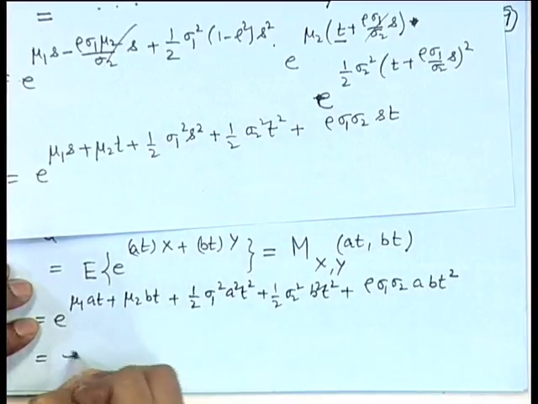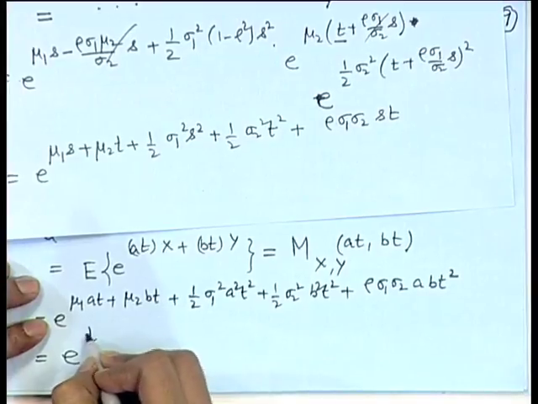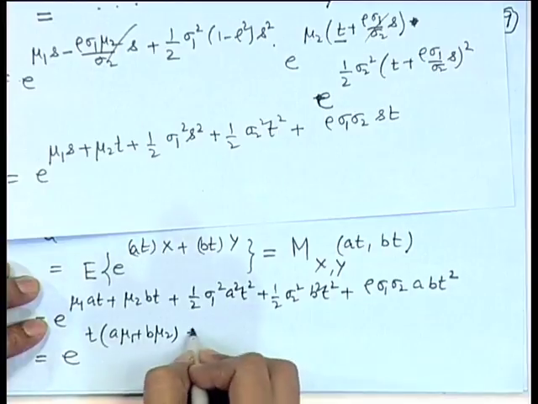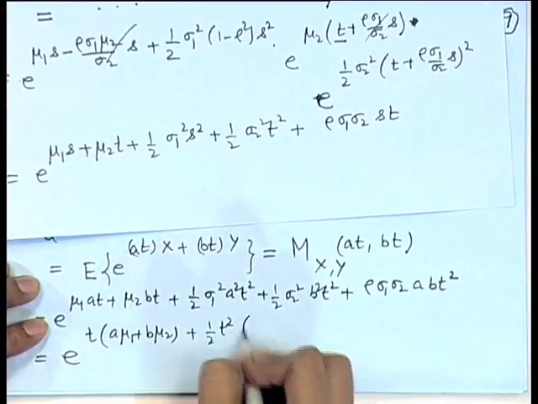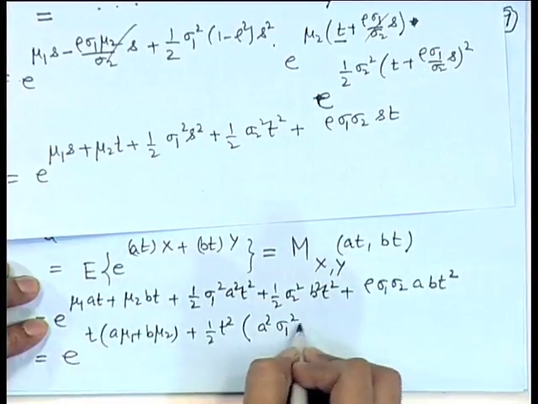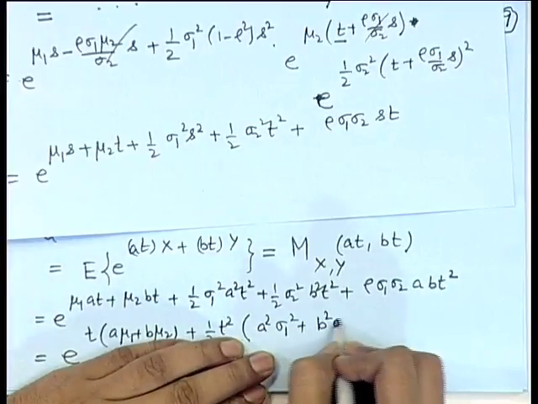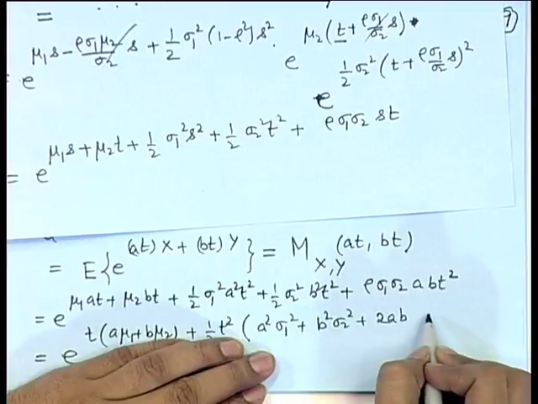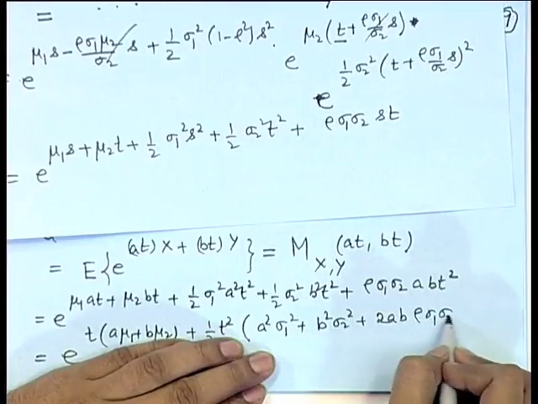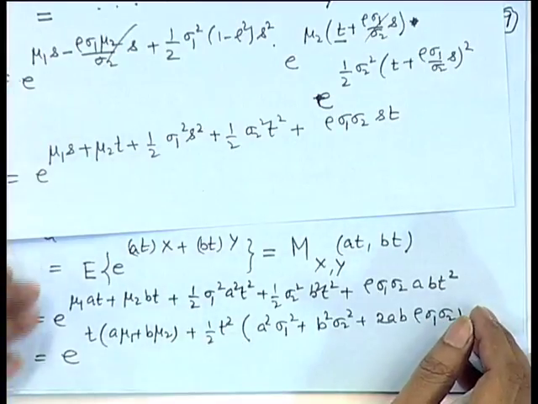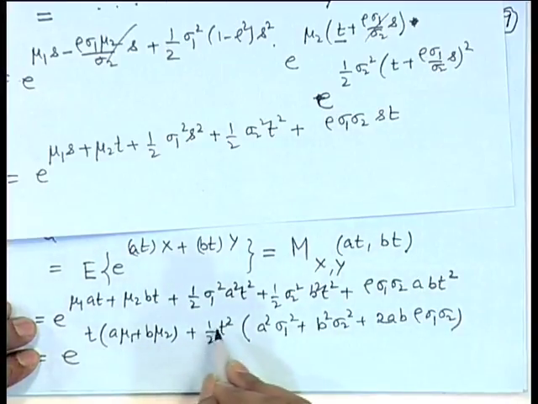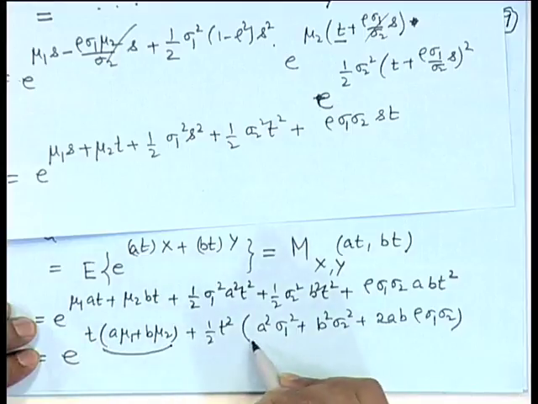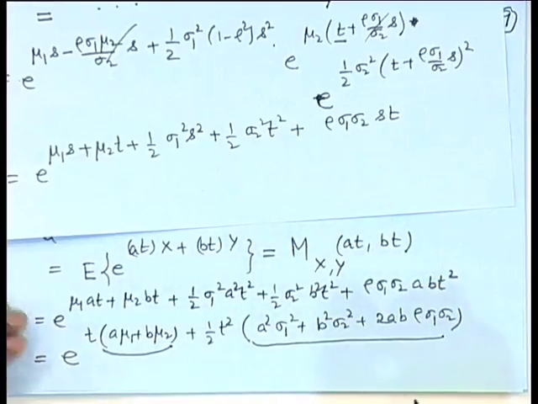So, after combining the coefficients we get it as t(a mu 1 plus b mu 2) plus half t square (a square sigma 1 square plus b square sigma 2 square plus twice a b rho sigma 1 sigma 2). Now, this is nothing but the MGF of a normal distribution with the mean this term and variance this term.